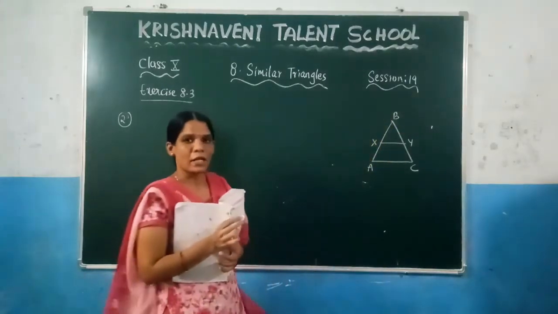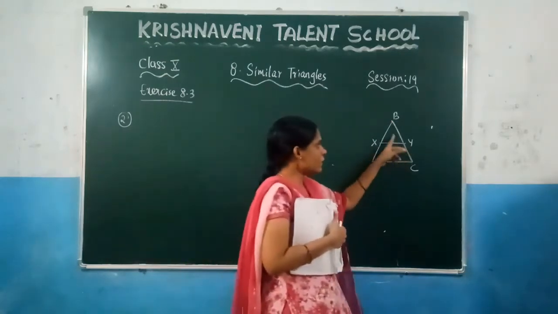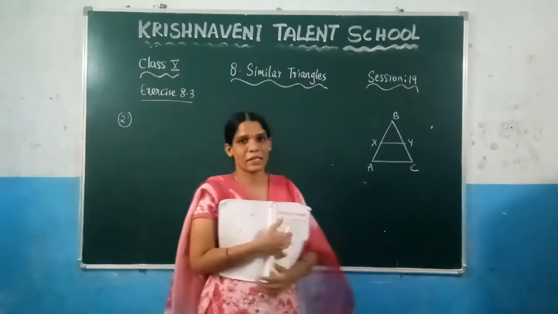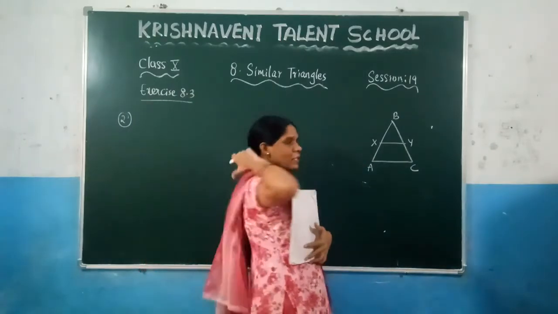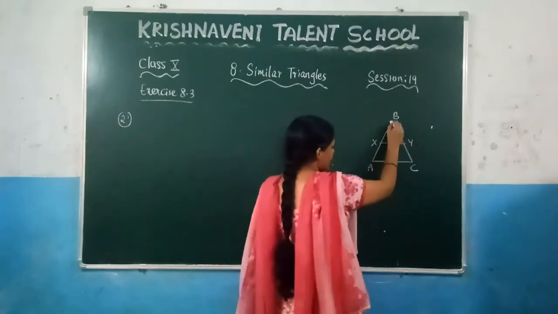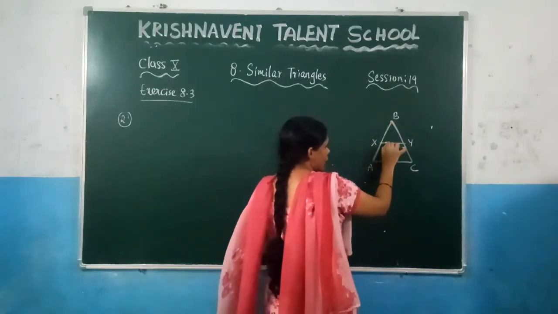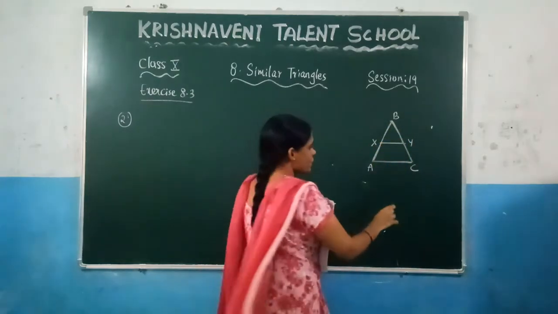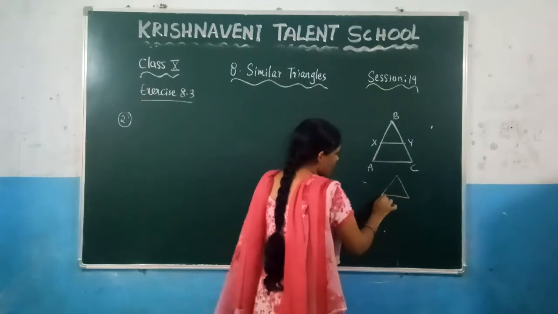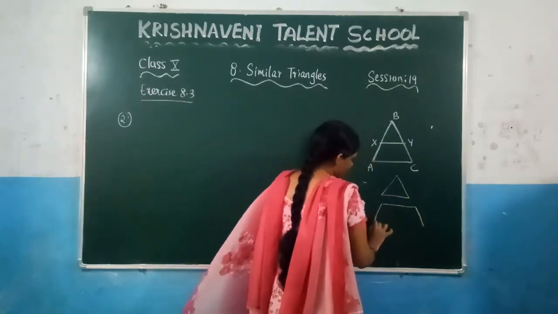And after that, they have given that this XY divides this triangle into equal areas. Let us consider this triangle like this, and they said that this XY divides this triangle into two equal areas. That means the area of the triangle is equal to the area of the trapezium.